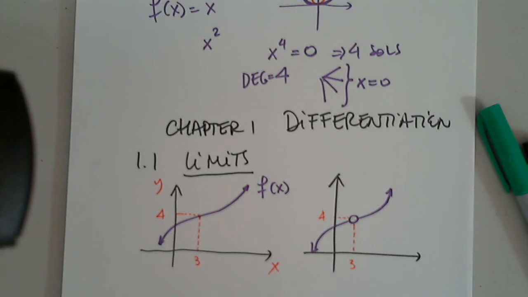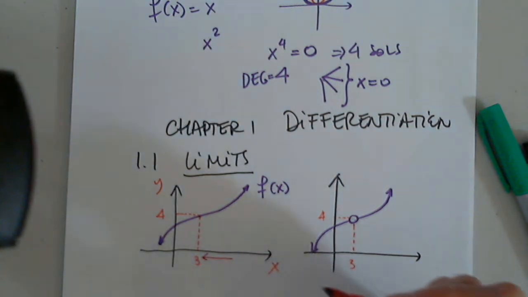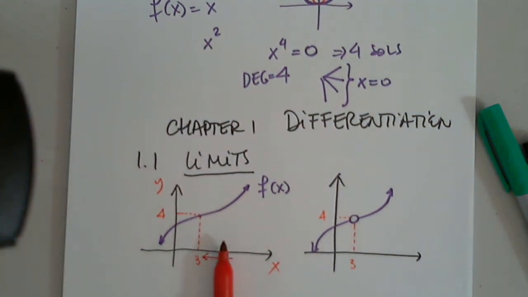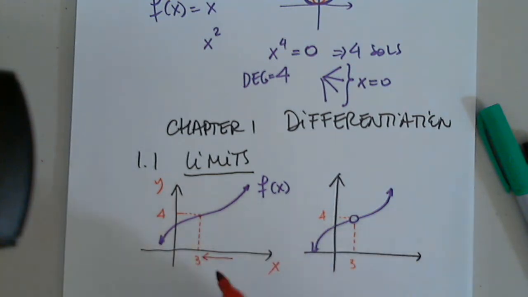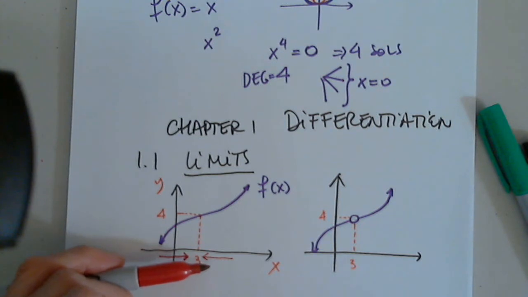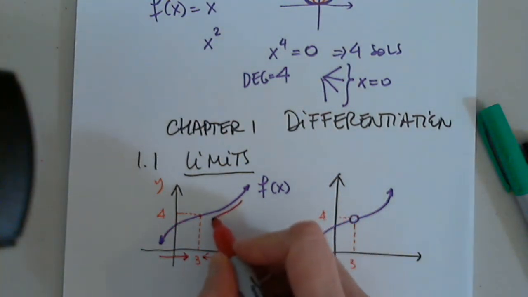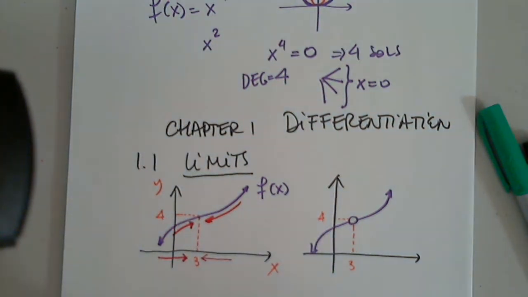Okay, I claim that if x gets closer and closer to 3, for example, 3.9, 3.5, 3.2, 3.1, that's what I mean by x getting closer to 3 from higher values, or x gets closer and closer to 3 from lower values, 2, 2.1, 2.3, 2.9, I claim that at the same time the function values get closer and closer to 4.